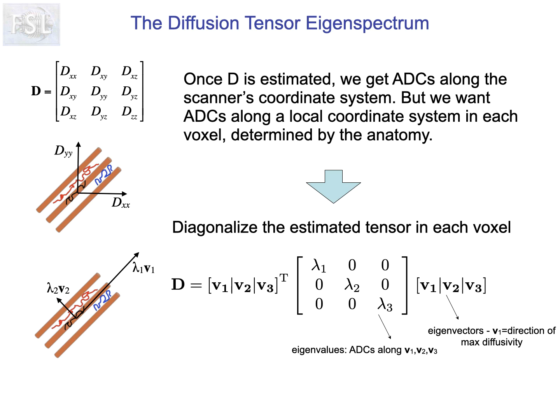V1 is the eigenvector associated with the eigenvalue lambda 1 and tells you the direction for the eigenvalue. So this first eigenvalue, lambda 1, tells you how easily water diffuses along the preferred or principal diffusion direction, and the first vector tells us what that direction is. And in very anisotropic voxels, this principal diffusion direction aligns very well with the direction of the fiber bundles.